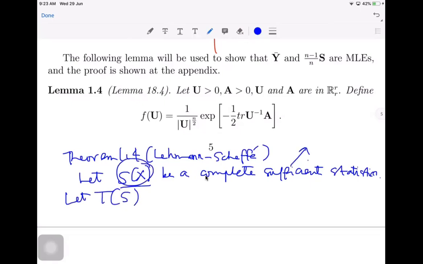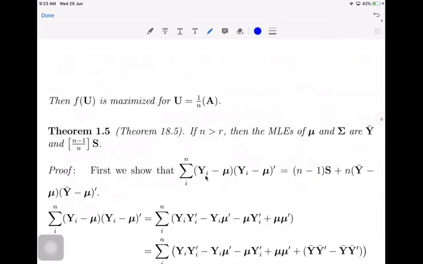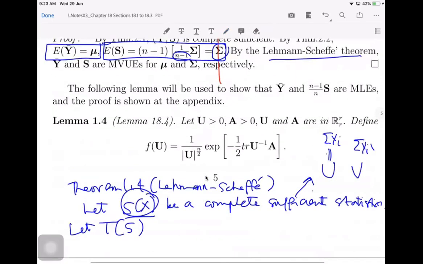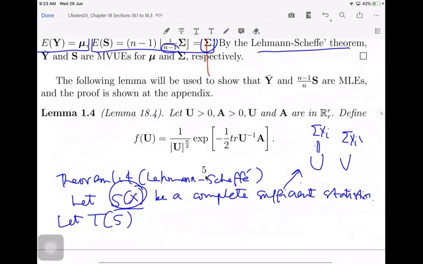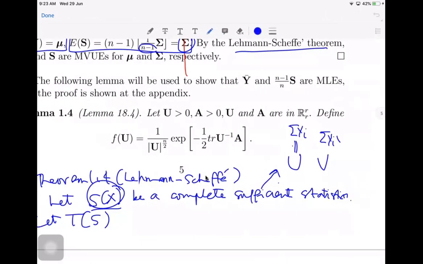So remember, our complete sufficient stat was U and V, where U here was the summation of Y and V there was the summation of Yi Yi prime, no?